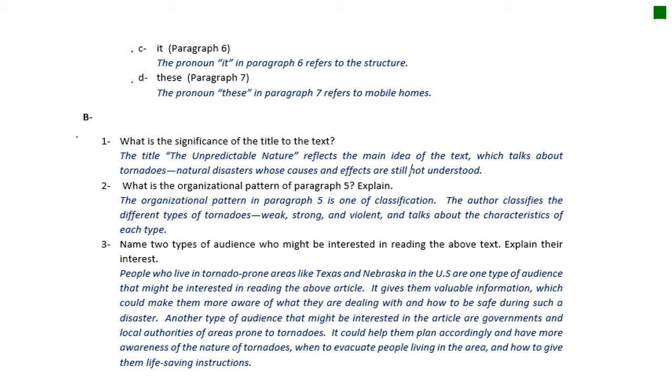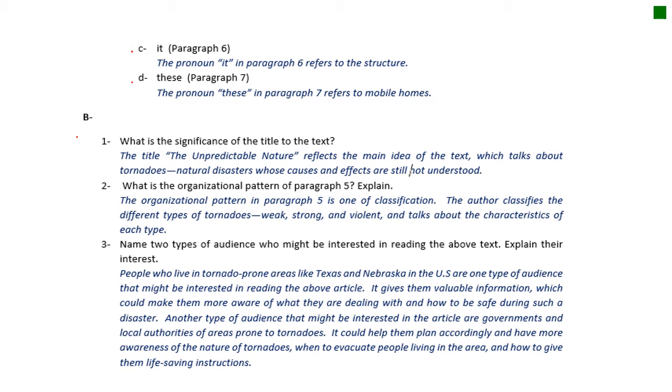Now to the organizational skills questions. What is the significance of the title to the text? We talked about this a lot last year. The title is always a reflection and a condensed summary of the text that you are going to read in 2, 3, 4 words.